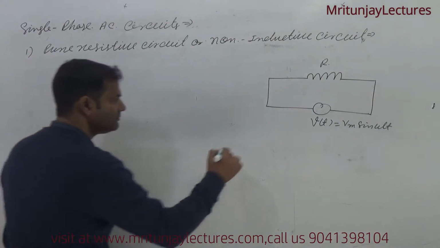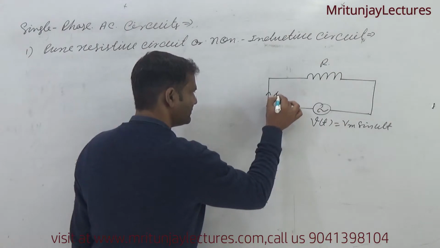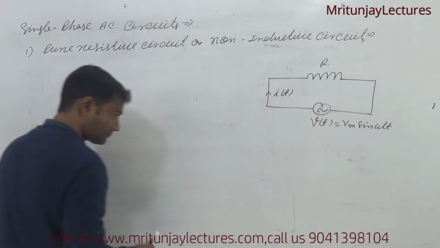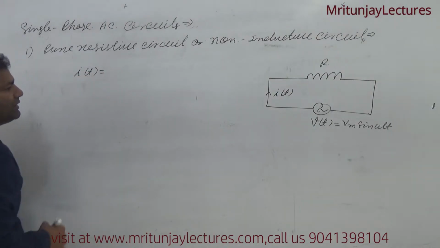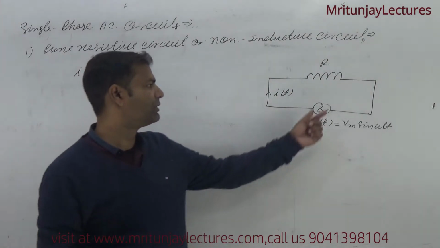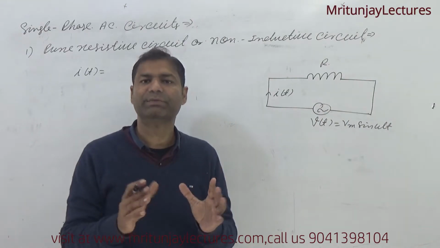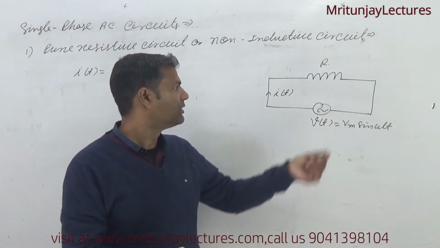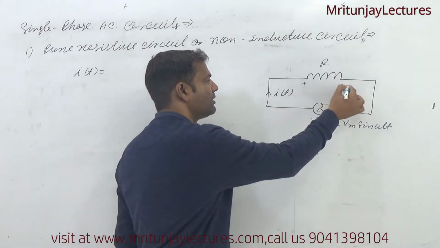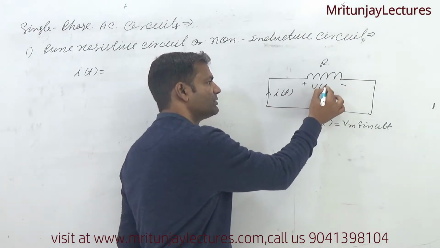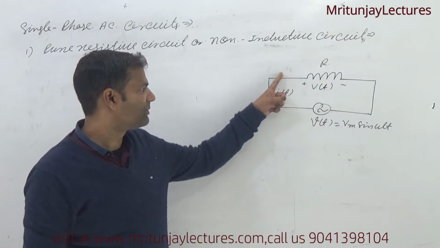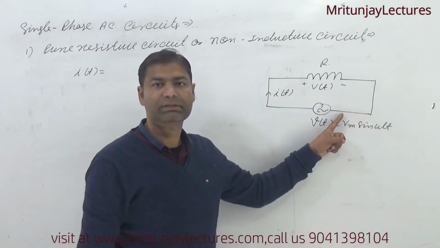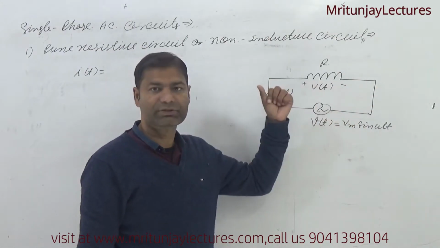Then what about the current It? I know that the applied voltage V is equal to IR. It is the same voltage because both are in parallel. This is an ideal wire, so there is no voltage drop here, and the voltage drop is only across this resistance.